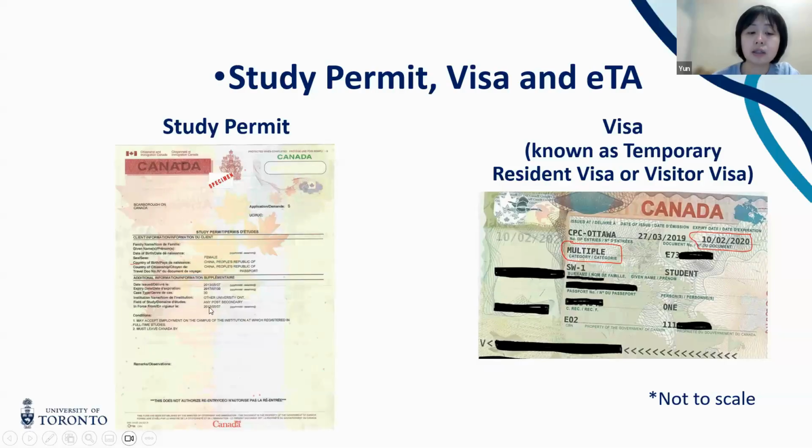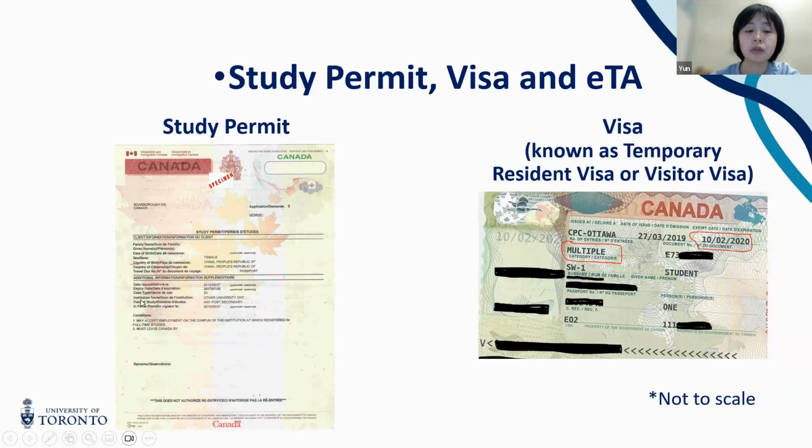The second section is the additional information, and what is important here is the expiry date. It will indicate when your study permit will expire. You must always make sure that you hold a valid study permit, because otherwise the study permit will be of no use to you and you can't use it to study at U of T.